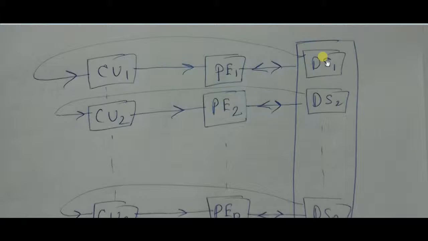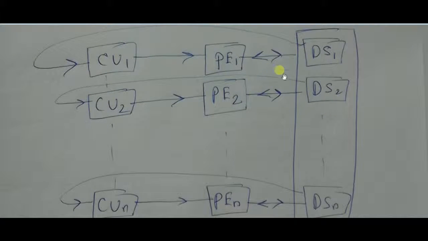So the data goes from data set 1 to CU1, CU1 sends an instruction to PE1, and PE1 gets the data from data set 1, calculates, and returns the data back to data set 1. Because the processing unit and control unit cannot store data, they don't have any memory, so it has to return the value to the memory.